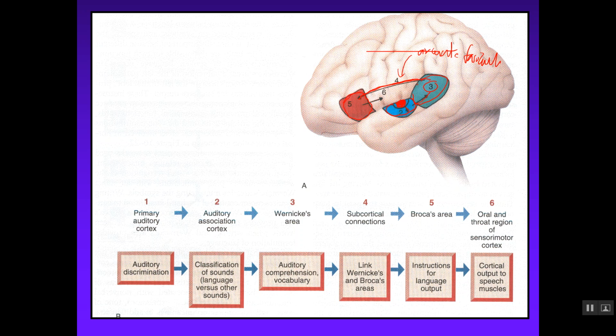I'm going to plan to say these words in this sequence to make meaning, and then you send it to the primary motor strip here in the face, tongue and mouth region, down through the corticobulbar tracts to your cranial nerves to make the sounds and formulate the words in a meaningful way. Does that make sense? So that is how that works.